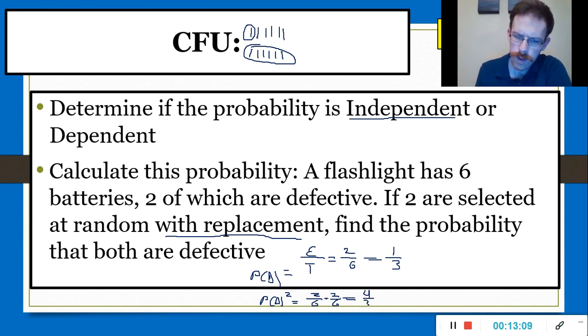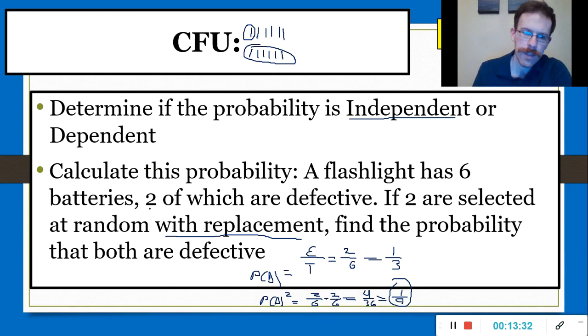That's 4/36, which is just the same thing as 1/9. And there's your probability. If a flashlight has 6 batteries and 2 of them are defective and you're selecting 2 with replacement, the probability that both are defective is going to be 1/9.